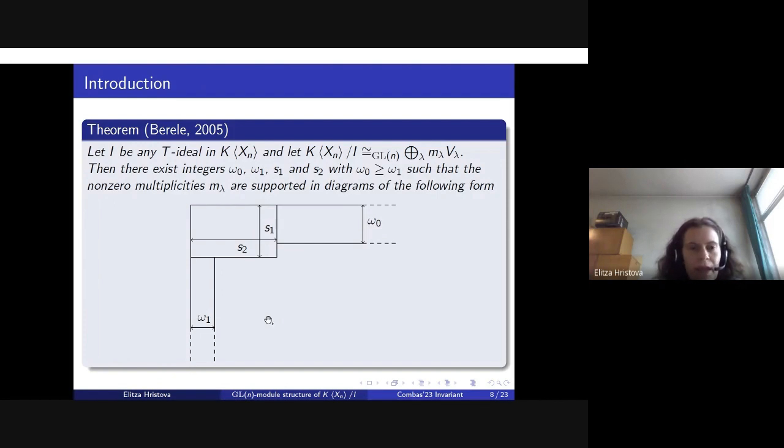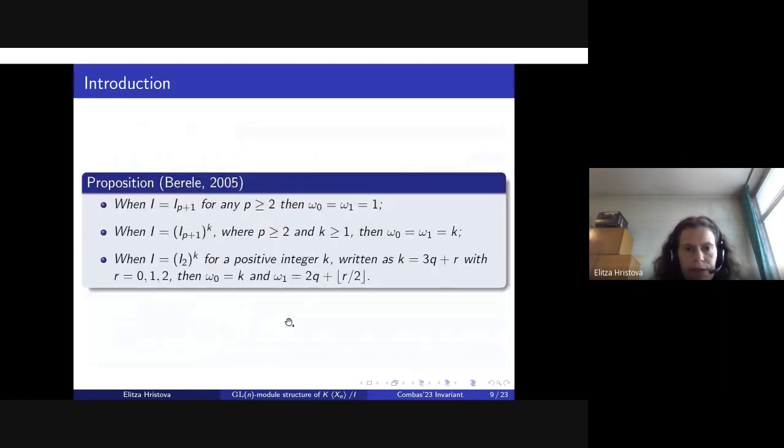Okay, and there are several cases in which Beryl computed omega 0 and omega 1. Let me give some of them which are relevant for our talk. So when we take the ideal generated by long commutators, at least of length 3, then omega 0 and omega 1 are equal to 1.